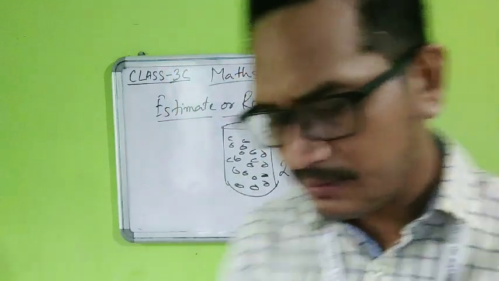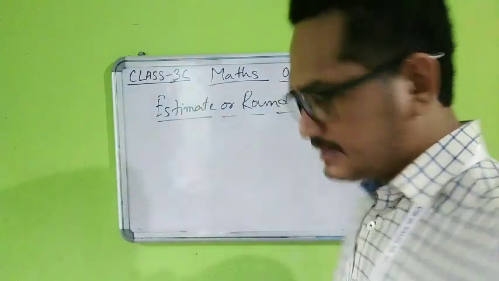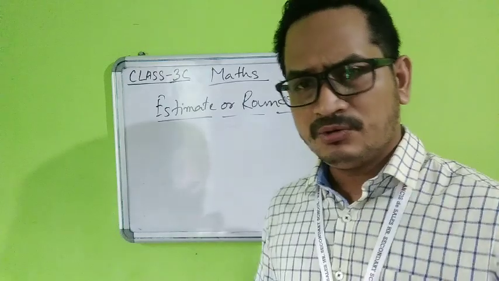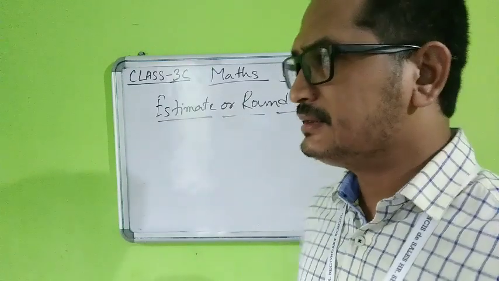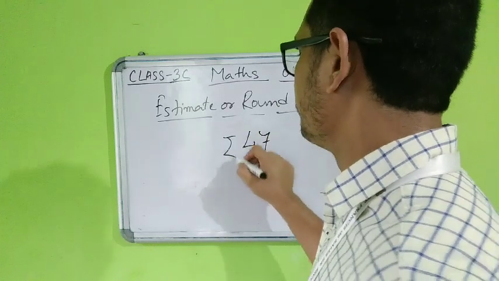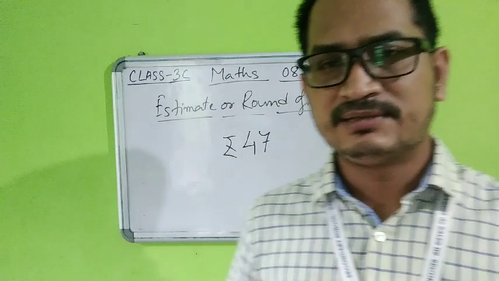Say suppose I will give one more example to make it clear. Say suppose you will go to a shop and you are going to buy some things. Now the price of the things you have calculated should come to 47 rupees. That means the total price of all the things is 47 rupees.